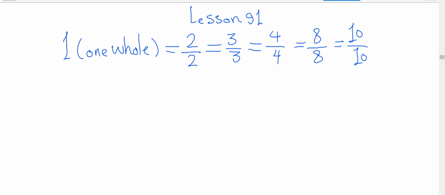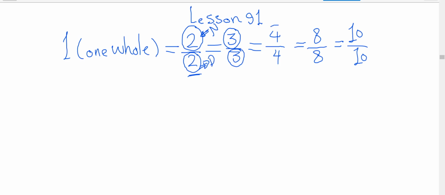We note that the numerator and the denominator in each fraction are the same. In this fraction, 2 is the numerator and 2 is the denominator.